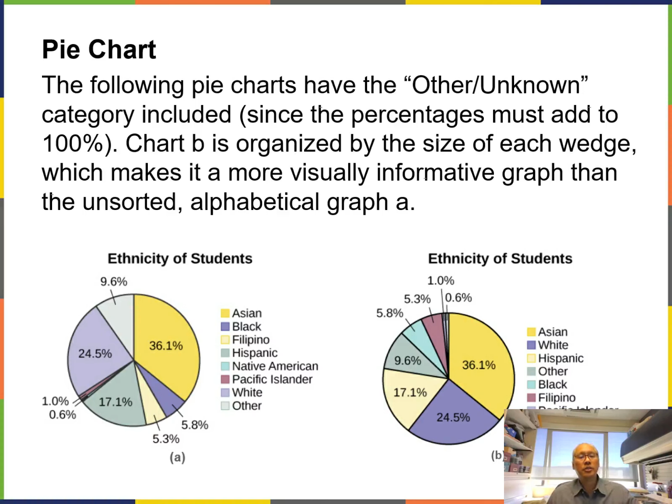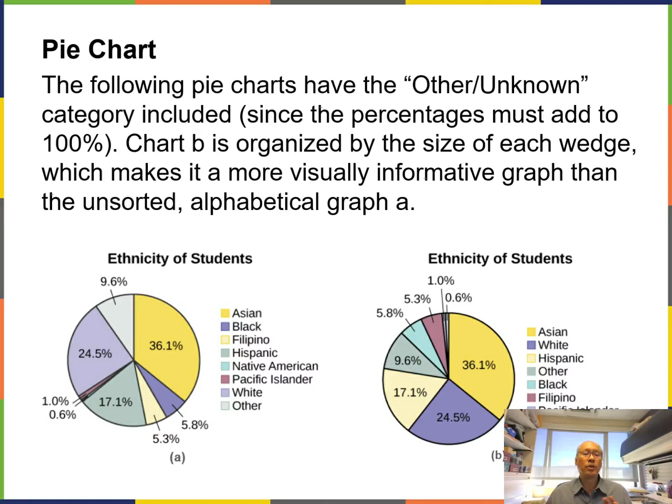But if we change the order of the pie chart so that we're looking at the largest percentage and have it decreasing down and sort it that way, we might have a better idea of comparing the different ethnicities. And we can see that the Asians have the most percentage in the population. Next are the whites, next are the Hispanics, etc.